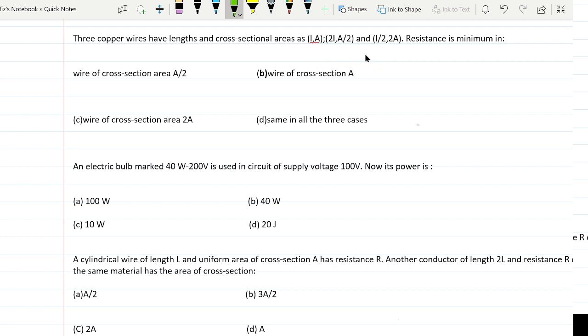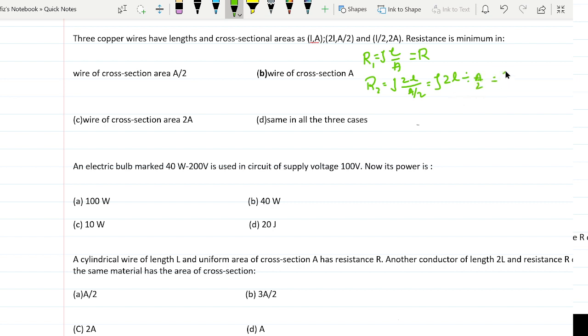See here, resistance is equal to rho L by A. Resistance of the first wire, whose length is L and area of cross section A, let us say it is R. Now for the second wire, R2 is equal to rho, length is 2L, divided by area of cross section A by 2.